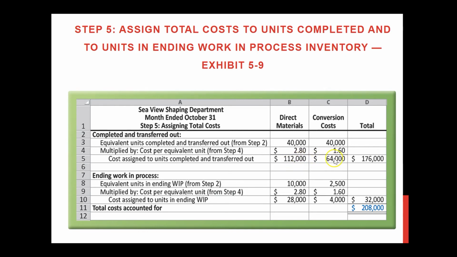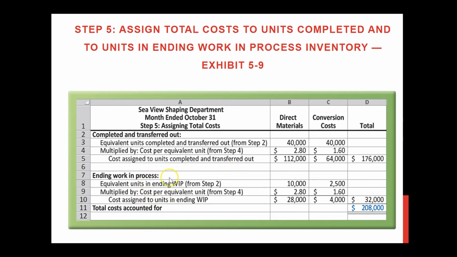And if we add these two numbers, we'll get that the total cost assigned to the units that are completed and transferred out is 176,000. So this first part of this table is for the units that are completed.